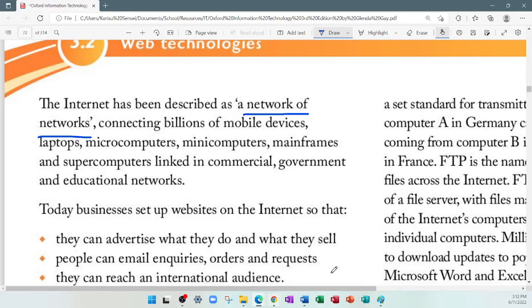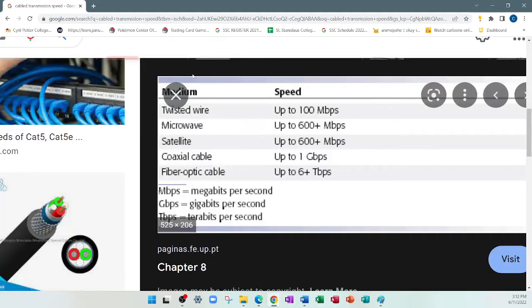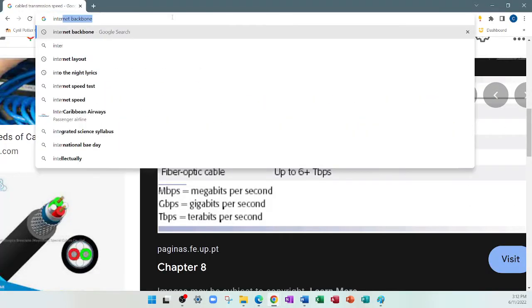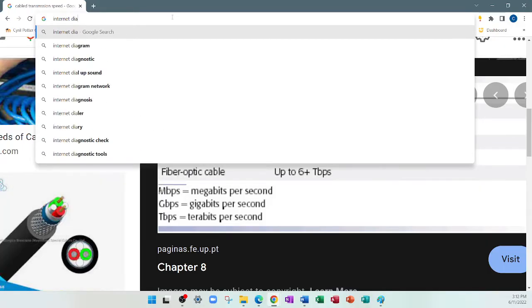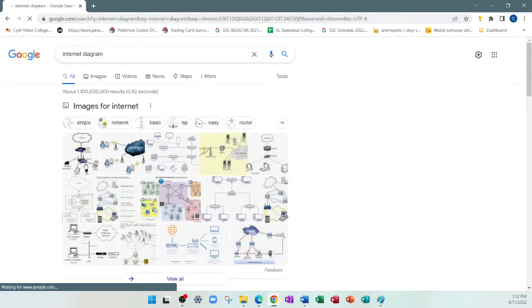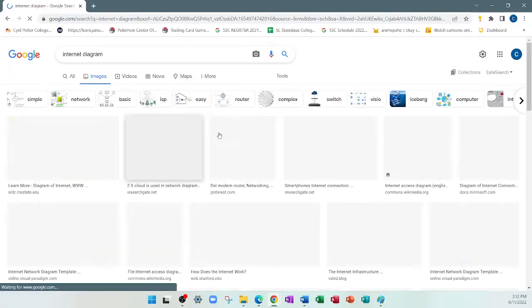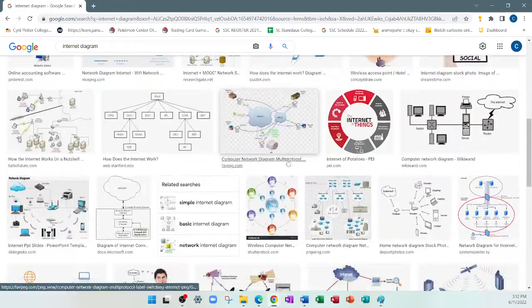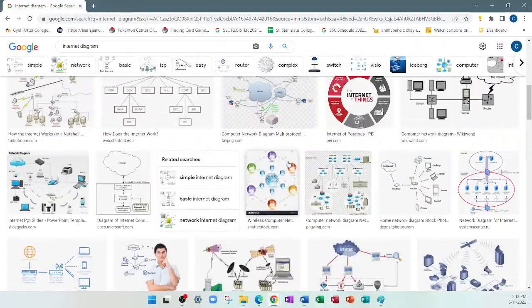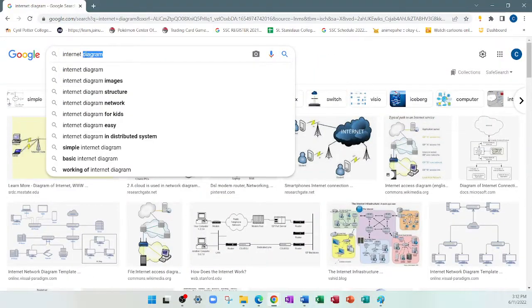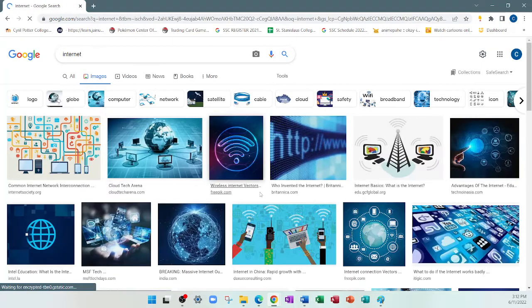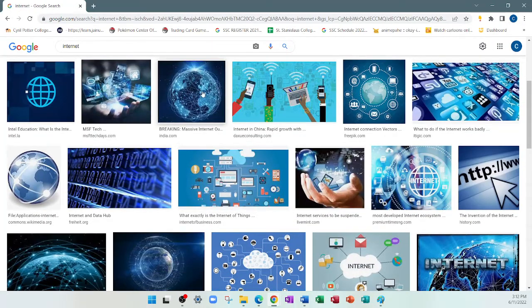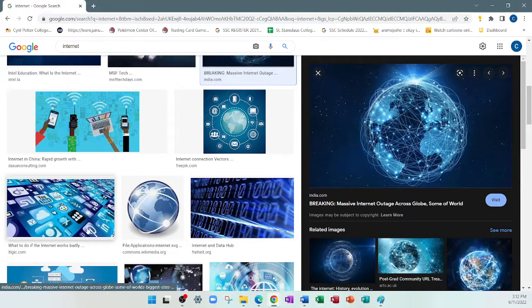So if you were to look at a diagram of the internet, each and every home, each and every business, organization, they would all have a network.